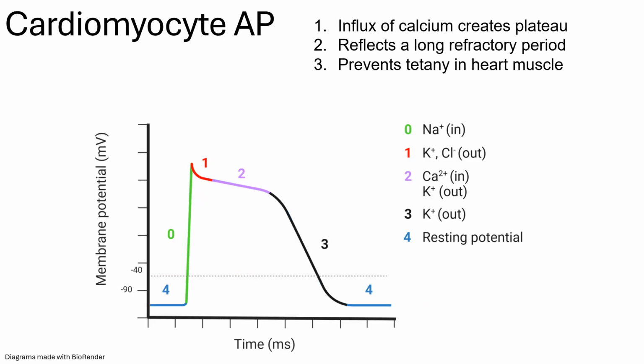The plateau keeps those cardiomyocytes positively charged, or depolarized, for a long period. They stay positive. At first, you might think it's because potassium ions are not flowing out of the cell, because that's what makes repolarization: potassium starts flowing out of the cell. But they are. Potassium is flowing out of the cell.